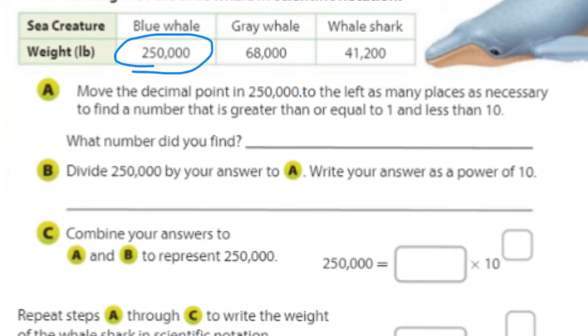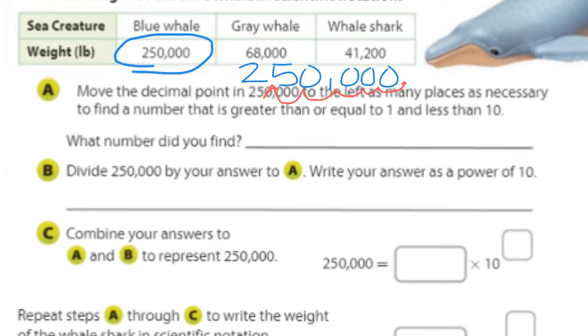To the left, as many places as necessary to find the number that is greater than or equal to 1 and less than 10. So I'm going to write that number so I can kind of use it. It's kind of small in the book. And here's your decimal point. So I'm going to move it over 1, 2, 3, 4, 5.